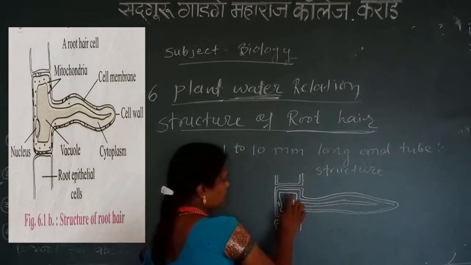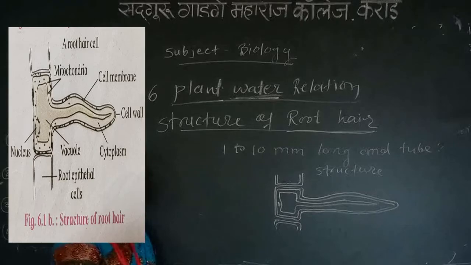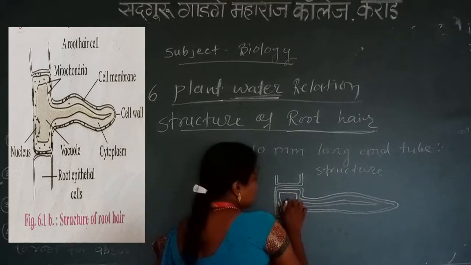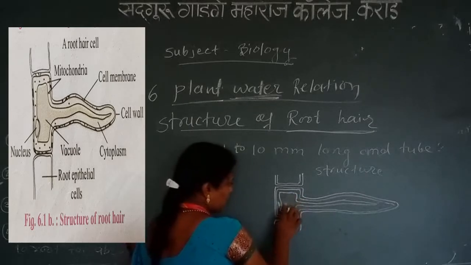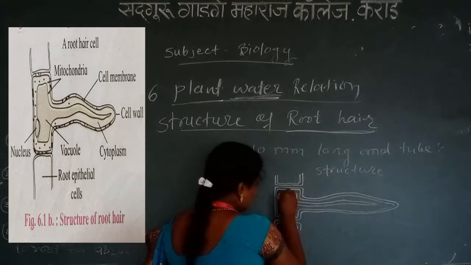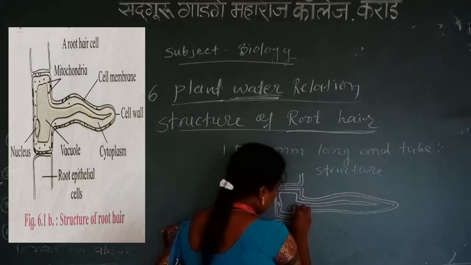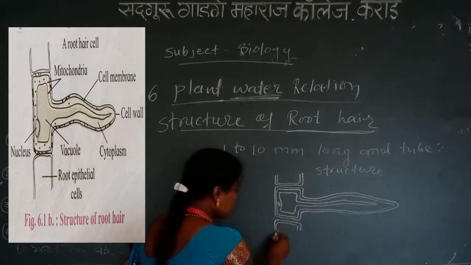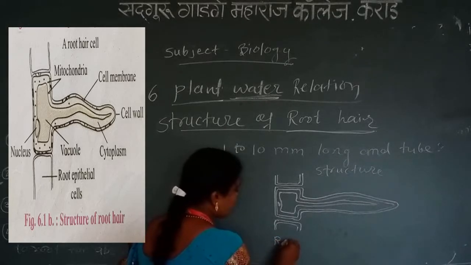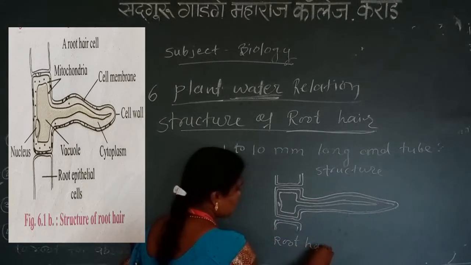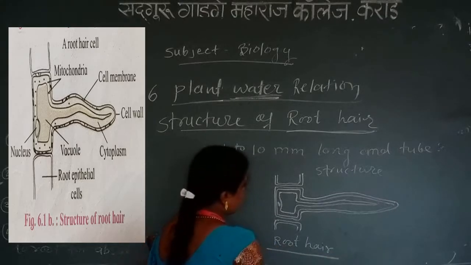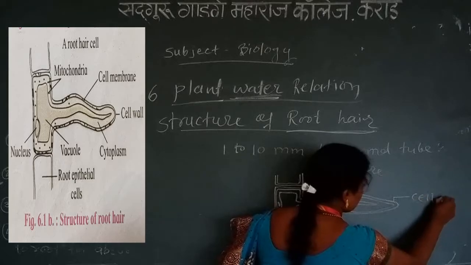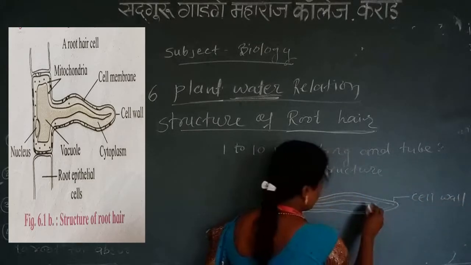What is meant by cell sap? Cell sap is a weak concentration. In this region, a weak concentration is present. So this is a large vacuole, and this is the whole structure of root hair. This is the cell wall.